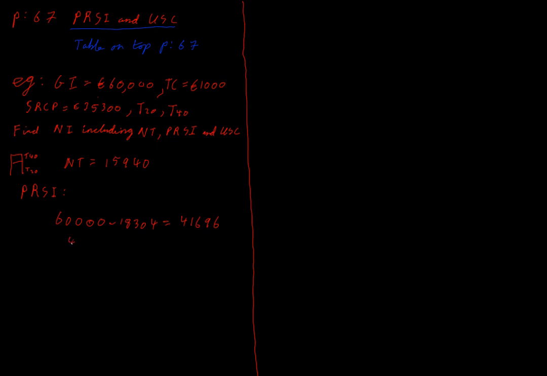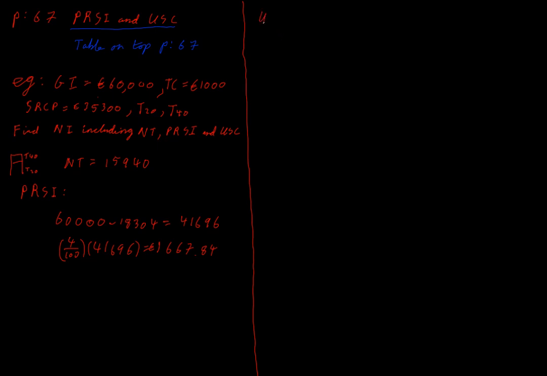So we get 4 out of 100 times 41,696, and we get 1,667.84. So that's our PRSI charge. We find out how much is going to get charged on PRSI, the amount above 18,304, and then we get 4% of that, or whatever the table tells you to get as a percentage, but usually PRSI will be 4%.